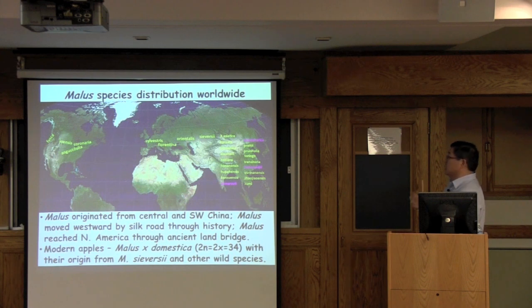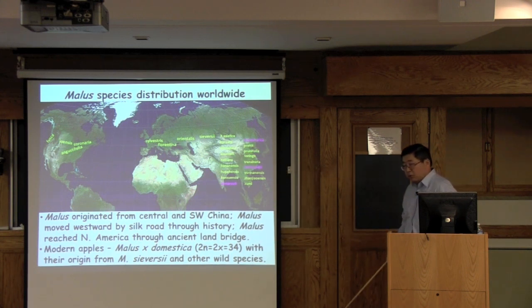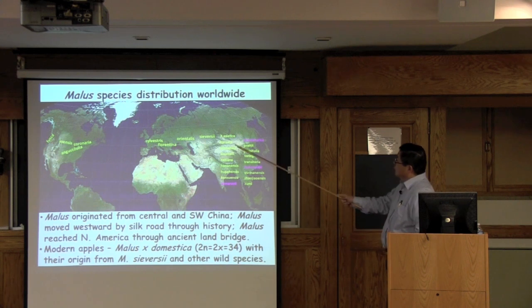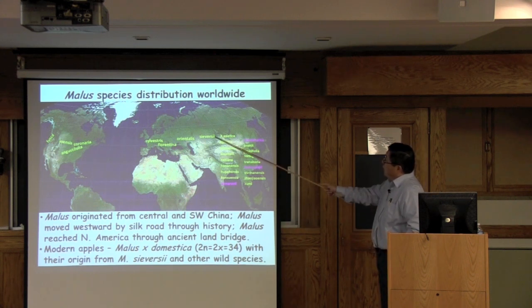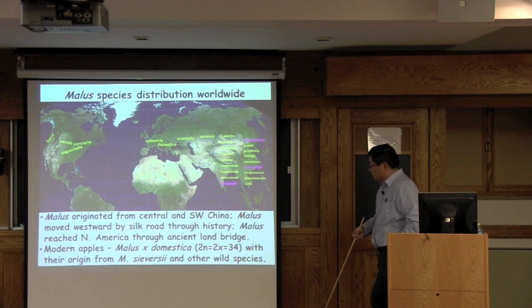In general, there's a consensus that Malus originated from central and southwestern China. Then throughout history, especially through the Silk Road, material was able to reach Central Asia and eventually went to Europe.